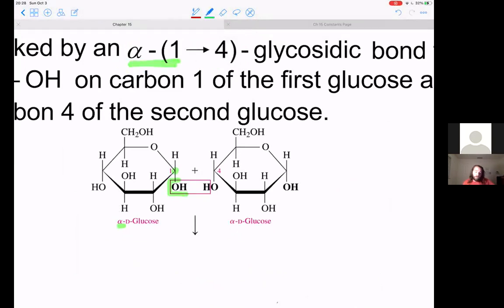Alpha 1, meaning the anomeric carbon, is going to have the OH group in that alpha, meaning pointed down, form. Okay? Remember, both forms of alpha and beta glucose exist in your body. But if your body's going to make maltose, it's only going to selectively grab that one alpha isomer. That's the only one it would know how to use in order to make this particular disaccharide.